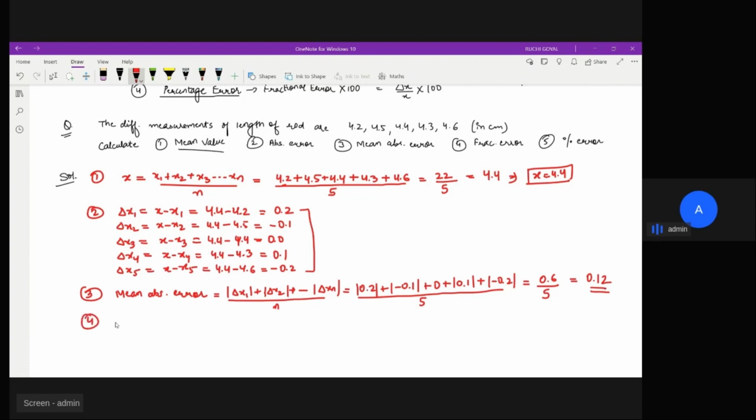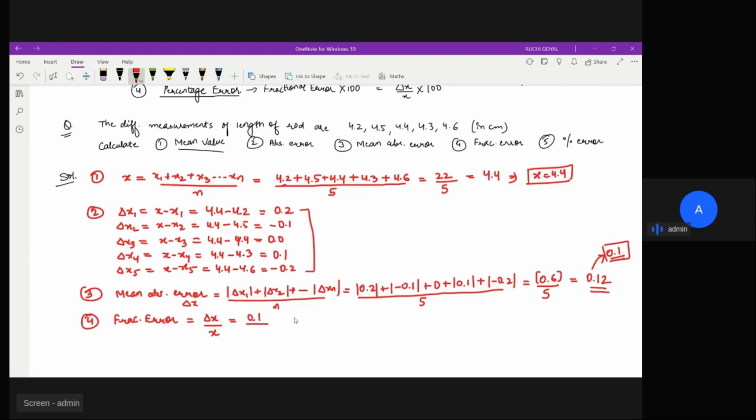Fourth part, we calculate the fractional error. Fractional error is delta x divided by x. What is delta x here? You can write it in significant figures. As we have studied, 0.12 can be written with one significant figure as 0.1. So delta x is 0.1, and x is 4.4 from the first part.